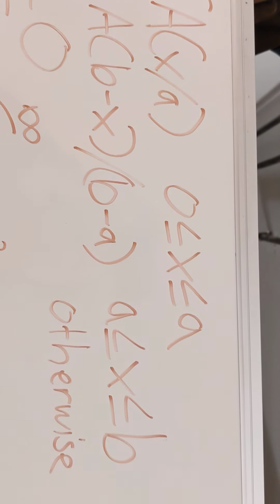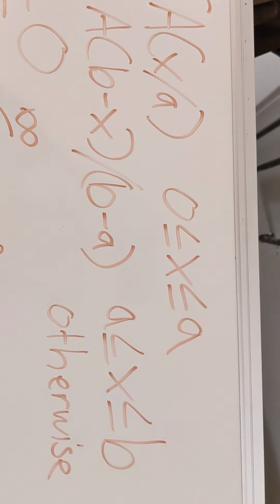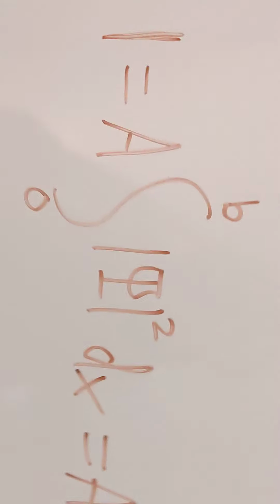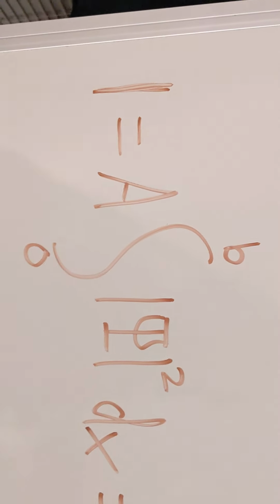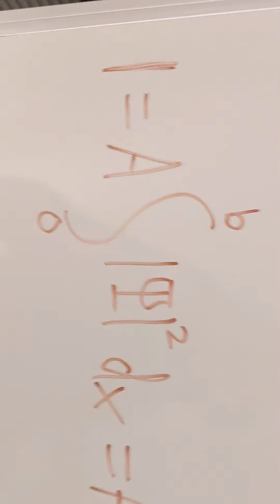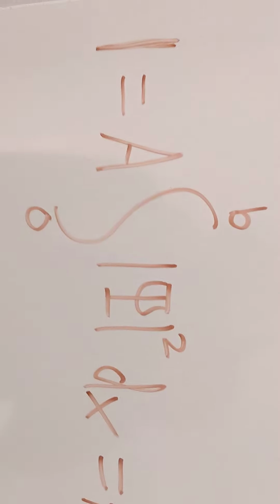Otherwise it's 0. So I've simplified the integral, instead of between negative infinity and infinity, to just be between 0 and b. Okay, and so now we need to solve this integral.